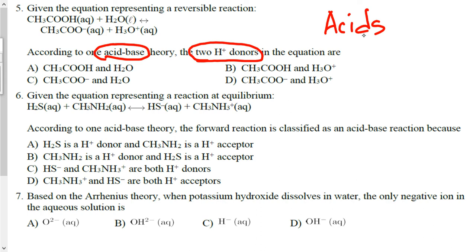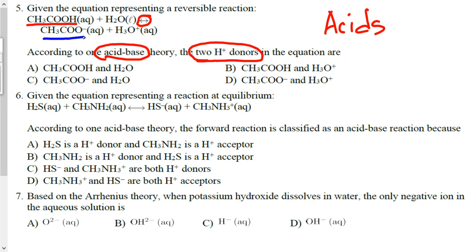So let's not make things too difficult. Instead, we should think as if we're a fifth grader. So look at the first part, from your left side of the arrow. So that's the arrow, so look at the left side. Here we have CH3COOH. At the end of the reaction, it became CH3COO minus.